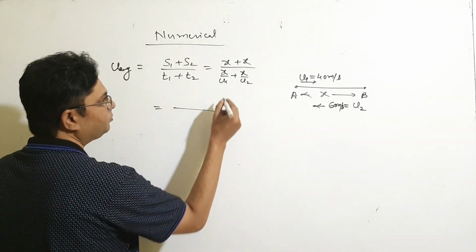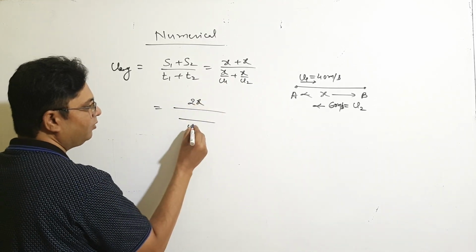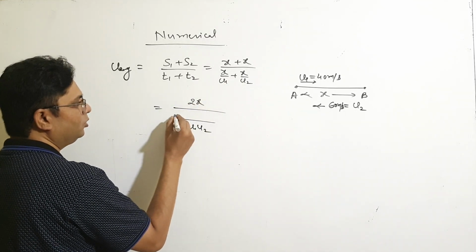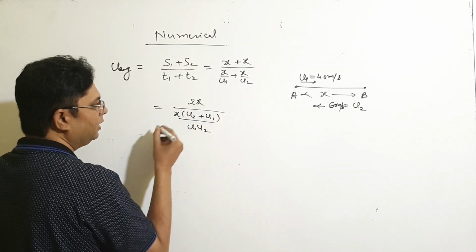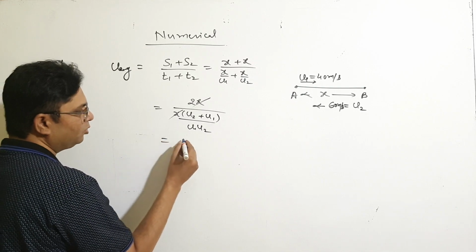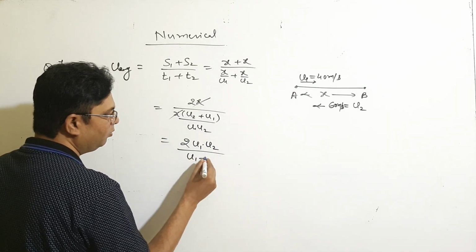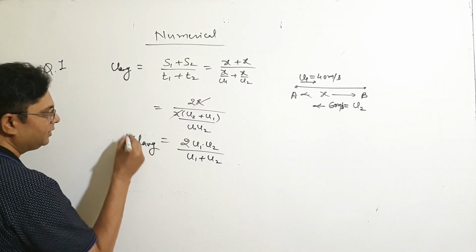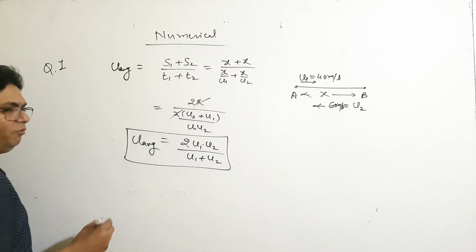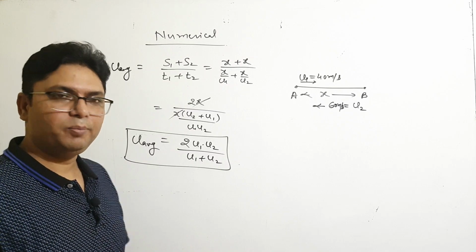This gives you 2x, and on the denominator side you have u1 u2 as LCM. So you have x common, so you have u2 plus u1. This x will cancel out, so you have 2 u1 u2 upon u1 plus u2. This is u average. This is the formula which you have to memorize to solve this question at your fingertips.